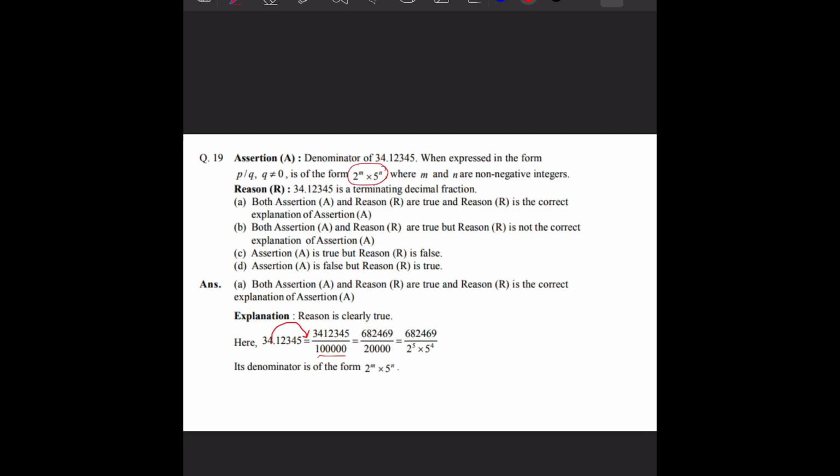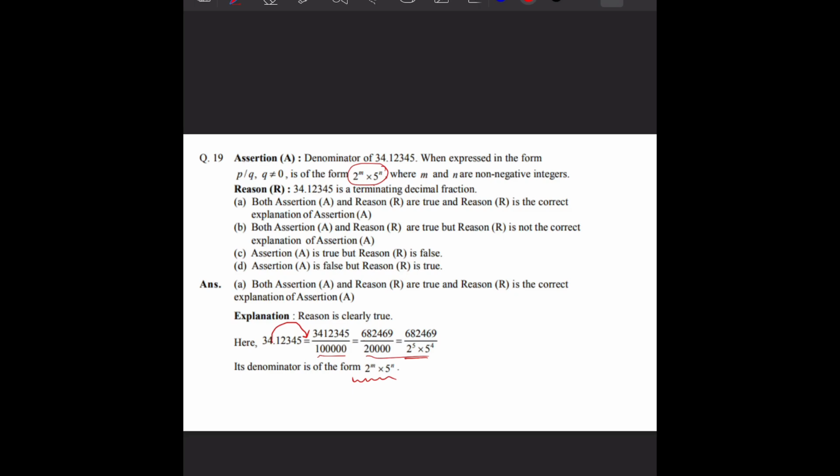I multiply numerator and denominator by 2, you get 682469 upon 20000. If I factorize this, I'll get this, and this is exactly 2 to the power m into 5 to the power n. Let's read the reason now.